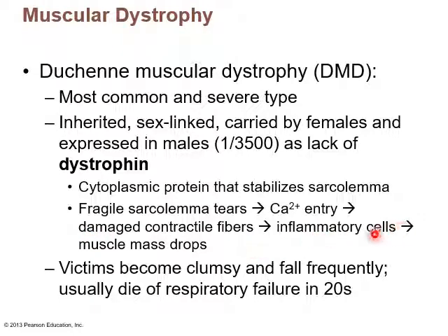The cells become inflamed, and muscle mass drops because the muscle will atrophy, but you do have a lot of inflammation. Can start as early as 2 or 3 years old, but the victims become very clumsy and they fall frequently. And every muscle usually is affected over time, and eventually the respiratory muscles are affected, and the victims die of respiratory failure usually in their 20s.